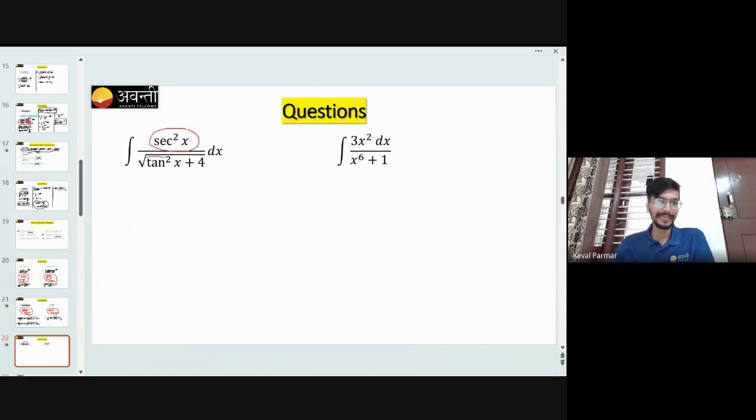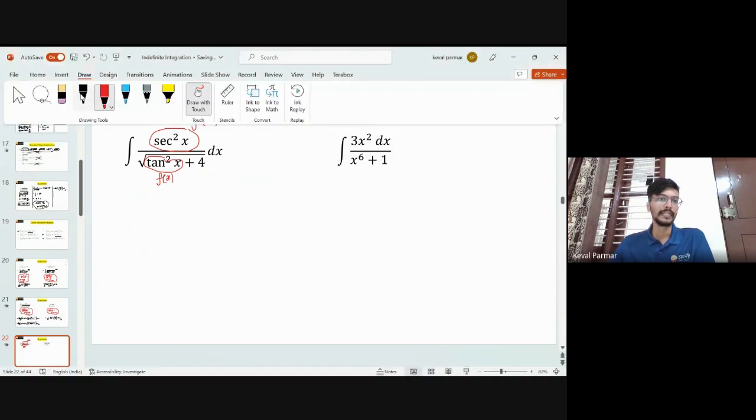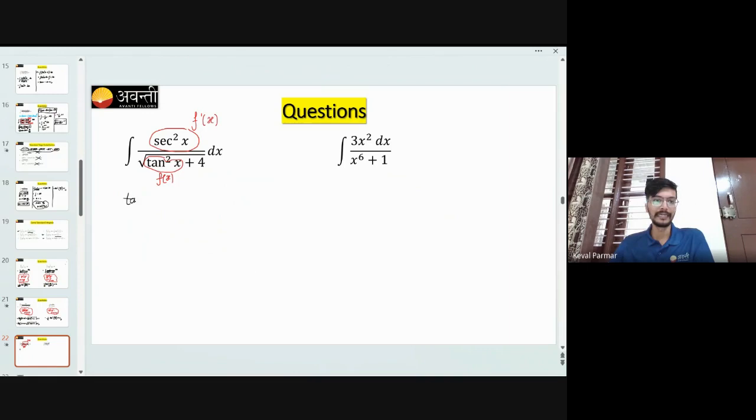If I put tan x equals to t, like this is f of x and this is my f dash of x, then sec square x dx will be equal to dt after differentiating. So my integral will become 1 upon under root of t square plus 4.